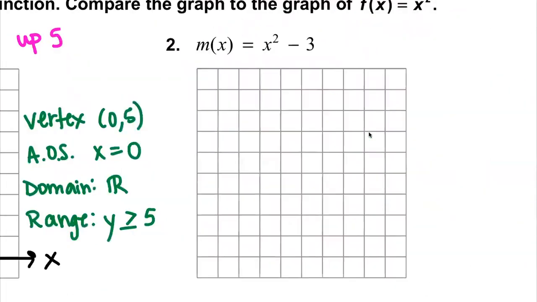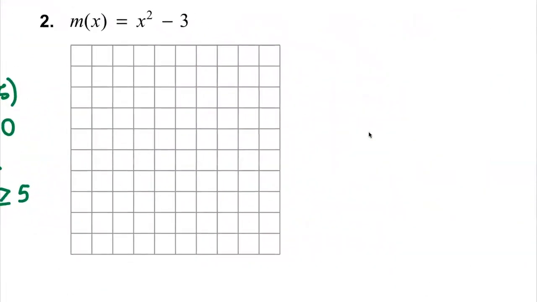All right. Let's talk about number 2. How does number 2 look different? It looks like number 2 is the same shape as x squared. However, this minus 3 is going to shift our parabola down 3.